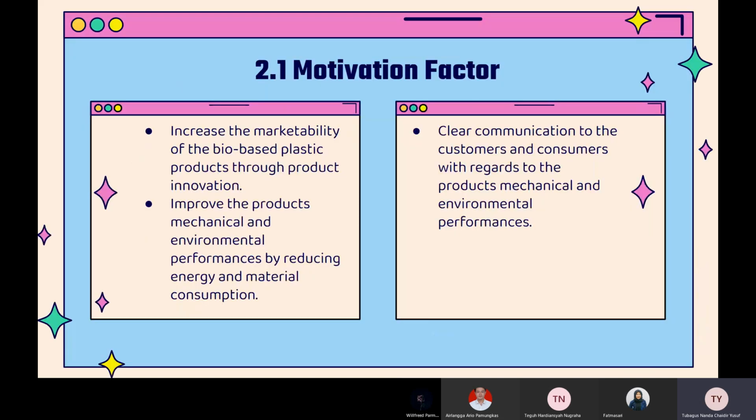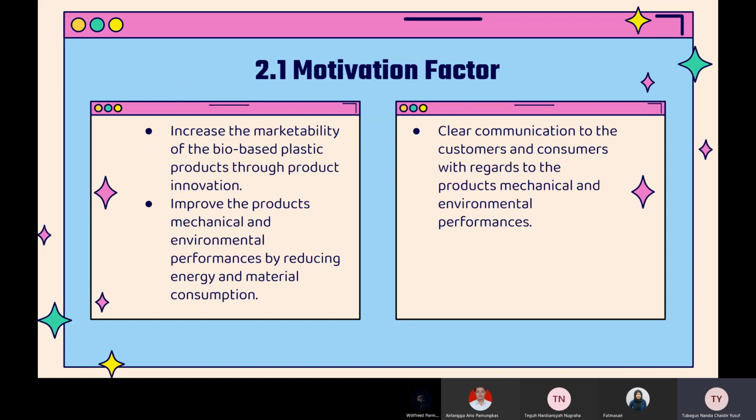In order for this integration to work economically and environmentally, we have to analyze the benefits and the motivation of the study. The motivation factor not only arises from the manufacturing company, but also from external factors such as policy and markets. Here we are providing you some examples.